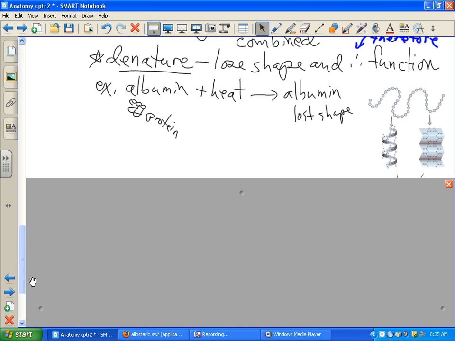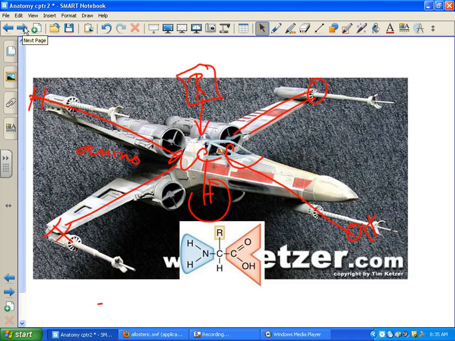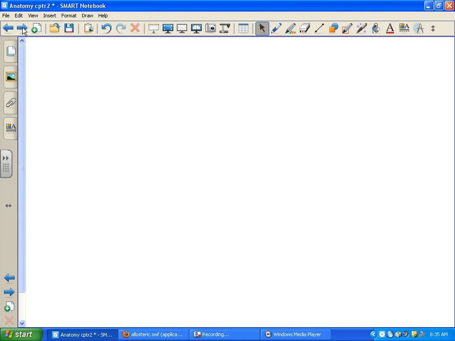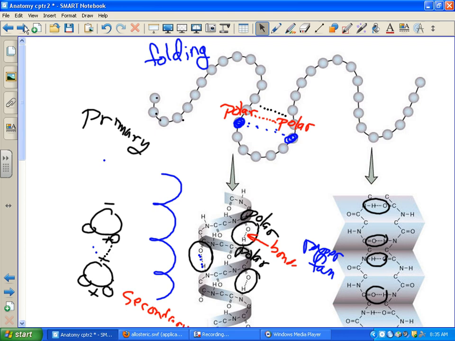You can still digest it. The cool thing is, if you're a big fan of liver and onions, you're getting tons of protein, and the way your body is digesting it, it's taking all those amino acids and adding water, and when you add water, you're doing the reverse.